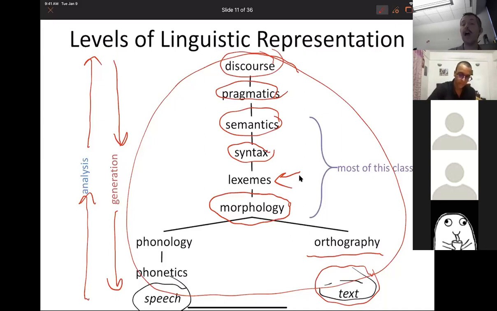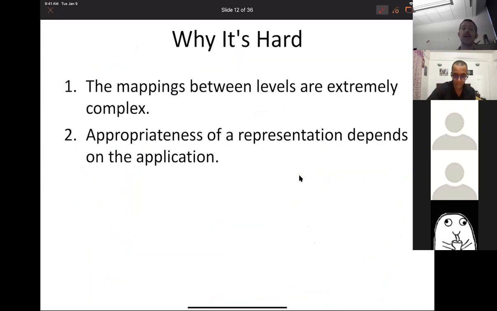So the same sentence, whether written or spoken, can be represented at all of these different levels. You can look at it from all of these different perspectives. And we'll talk a little bit more about that. But this is very hard because the mappings between levels are really complicated. And whether a particular representation is appropriate to a task depends on what you're doing with it, depends on what the application is.